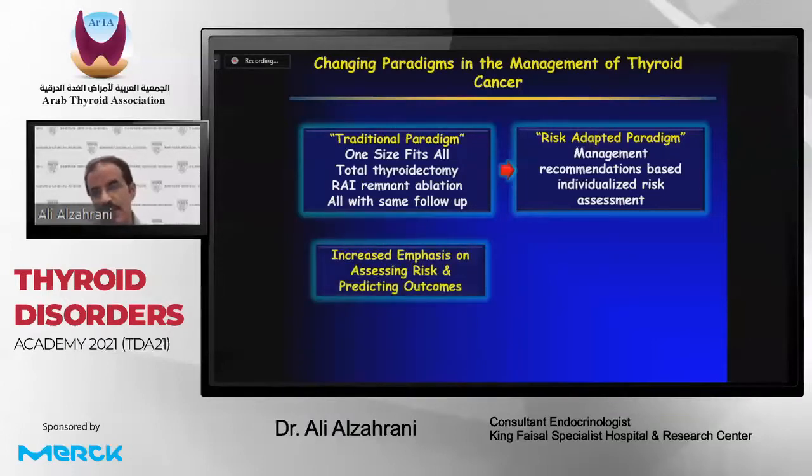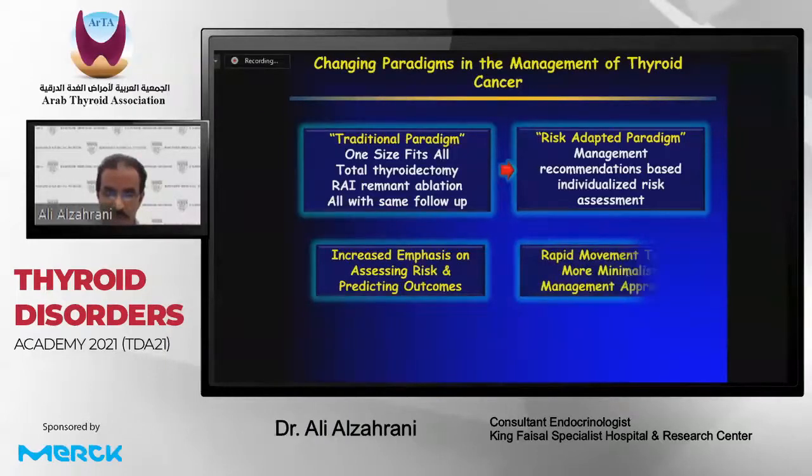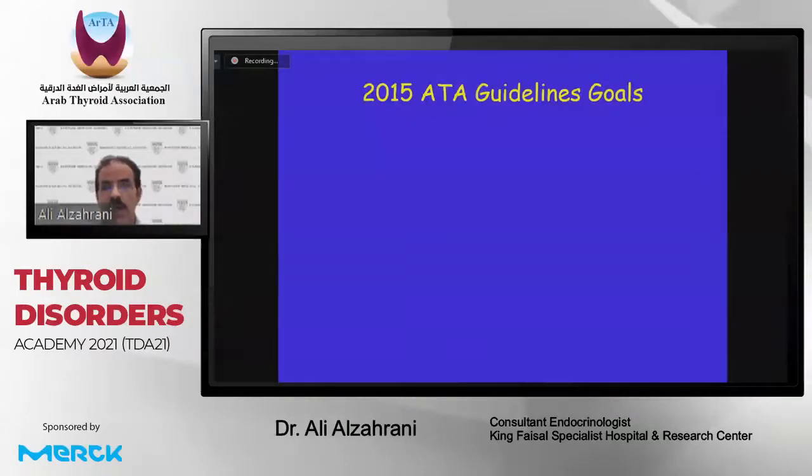So as I just mentioned, over the last 10 to 12 years, there has been a strong emphasis on assessing risk and predicting the outcome. And we moved from a more aggressive approach to a more minimalistic approach: less surgery, less radioactive iodine, less thyroid hormone suppression, and even in some cases and in some centers, just observation, what's called active surveillance.